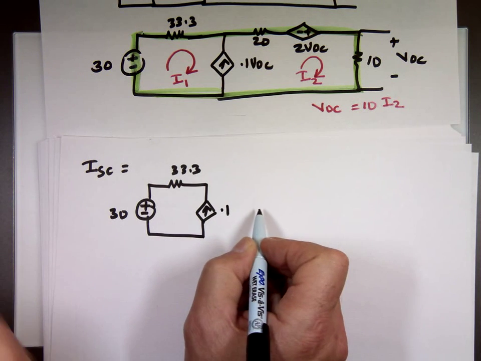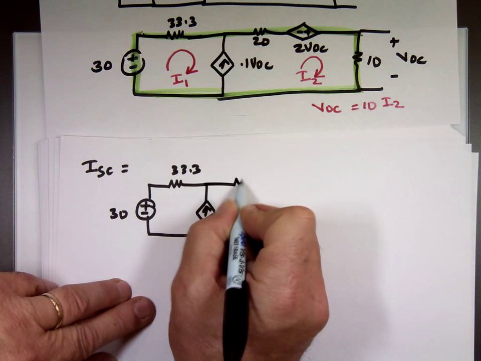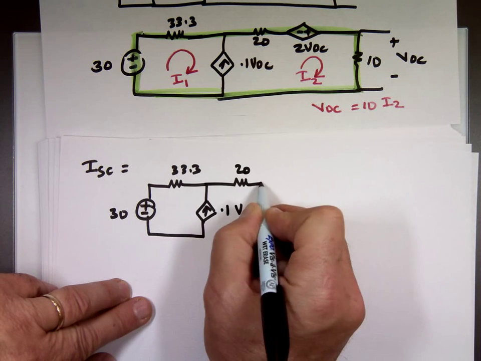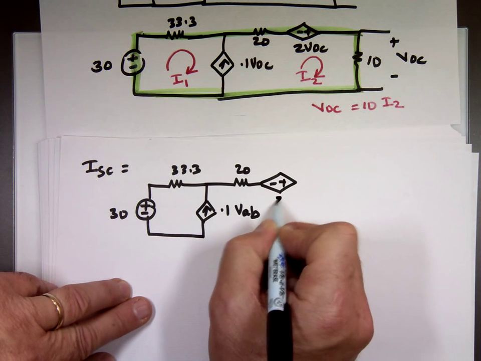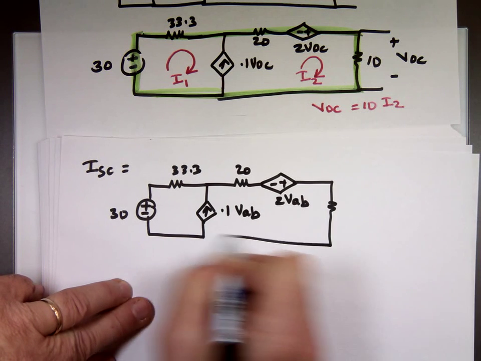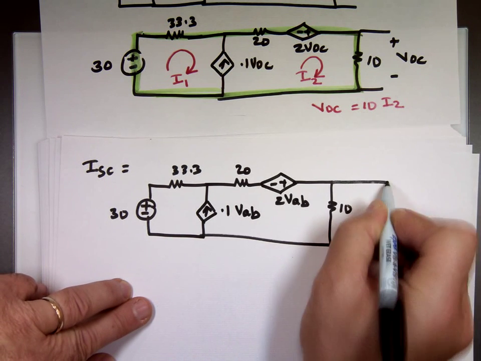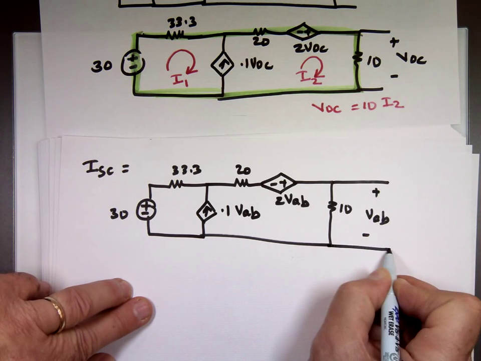VAB, that's what they call it earlier. I don't want to call it V open circuit, there is no open circuit here. It was 2 VAB. 10, and this is VAB right here, right? But now you're going to stick a wire here.